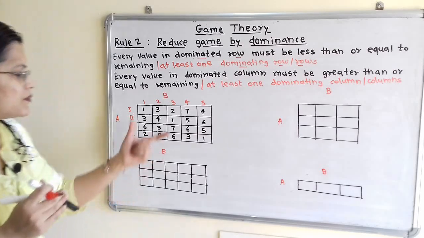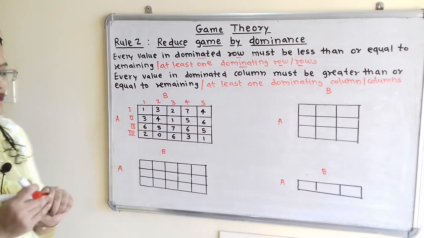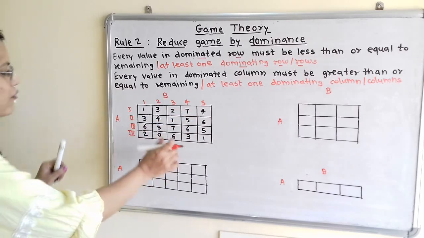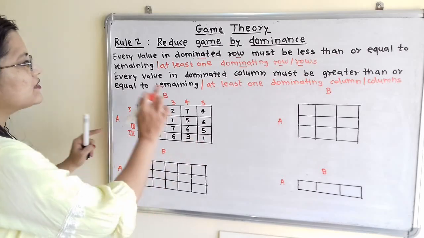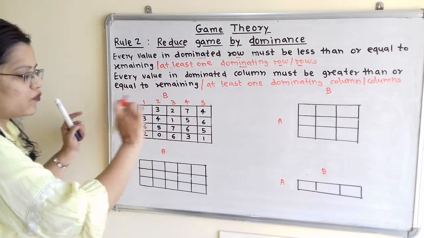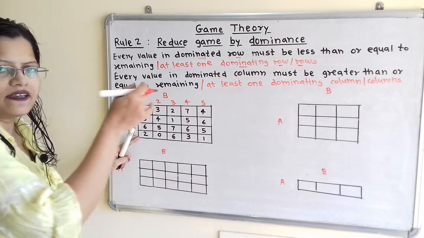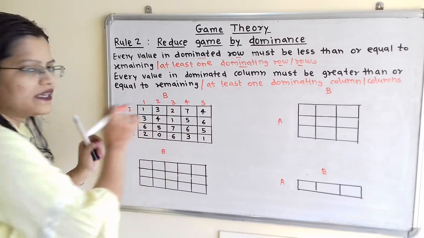Now if we observe this question, the different values are given. We have to always seek the dominated row, for which the values should be less than or equal to the remaining rows.